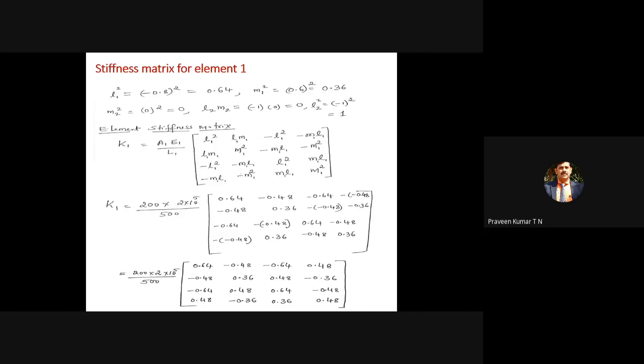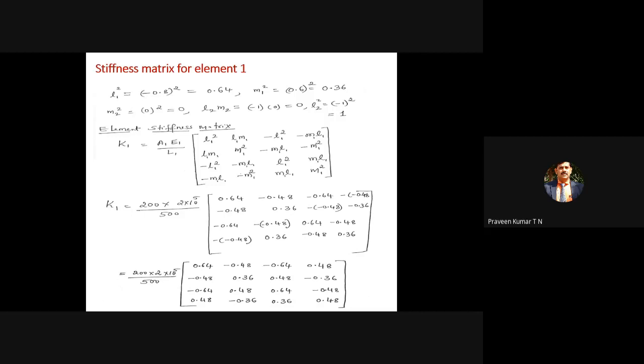Then in the stiffness matrix, we need L square, LM, and M square. So after getting these values, it is better to calculate L1, M1 separately. Otherwise, in the stiffness matrix you have to write it twice. To minimize the time in examination problems, multiply those separately and get the values. The stiffness matrix has L square, L1 M1, L1 M1, M1 square.